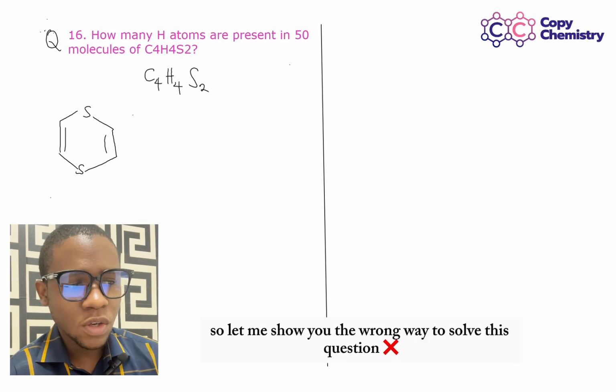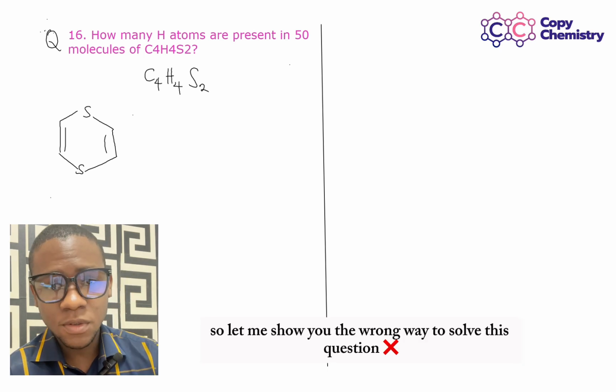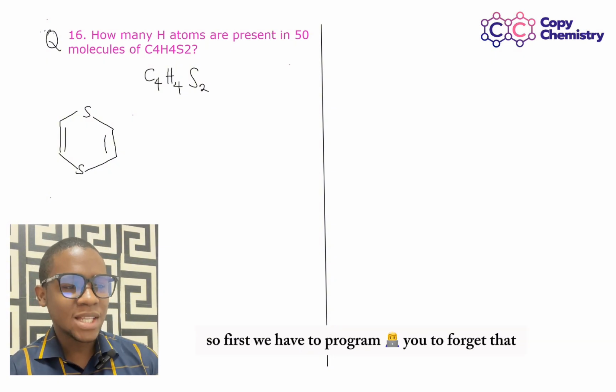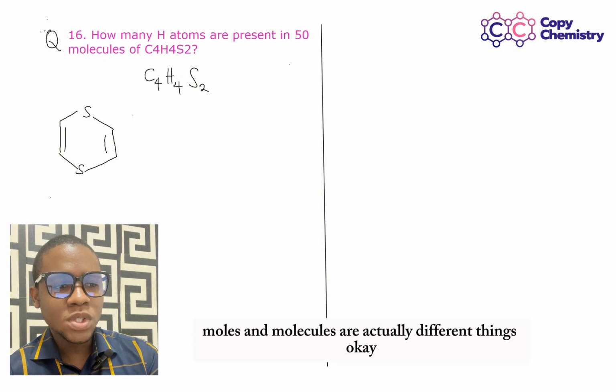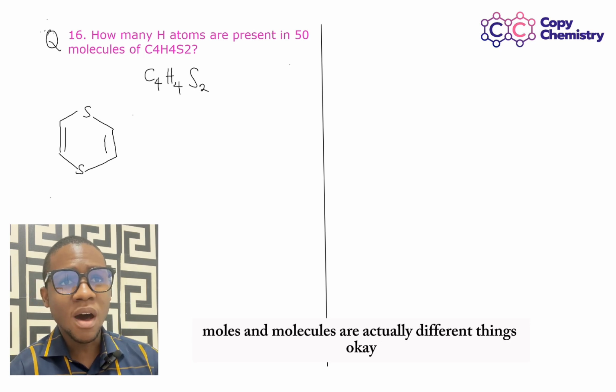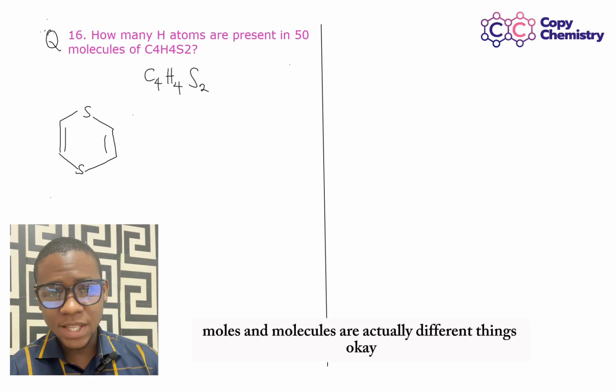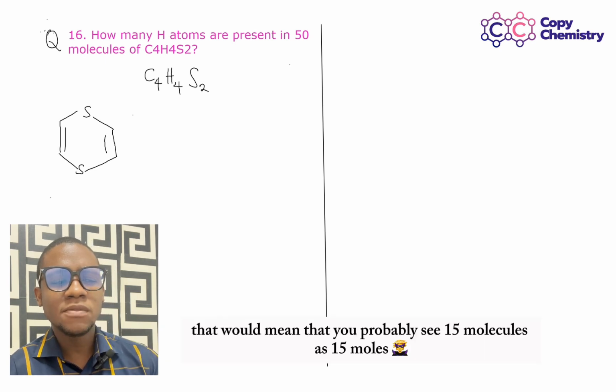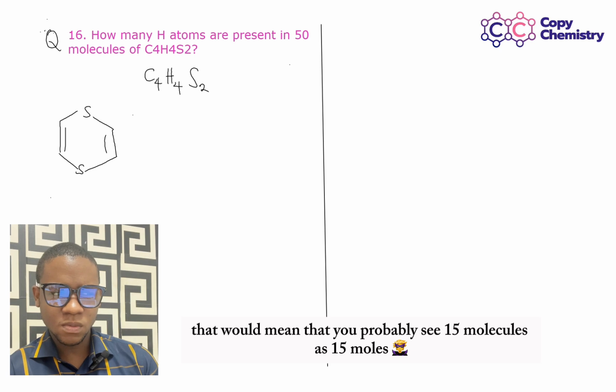So now let me show you the wrong way to solve this question. First, we have to program it to forget that moles and molecules are actually different things. If you forget that, you probably see 50 molecules as 50 moles.